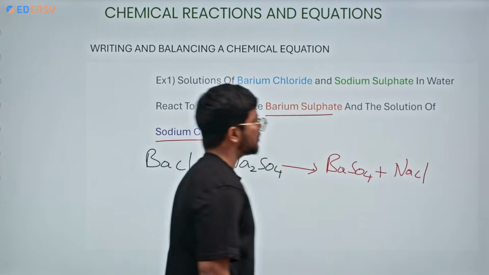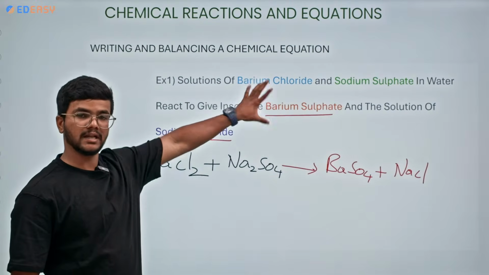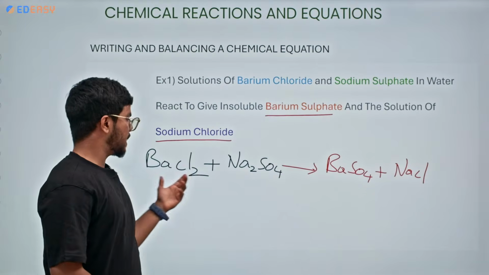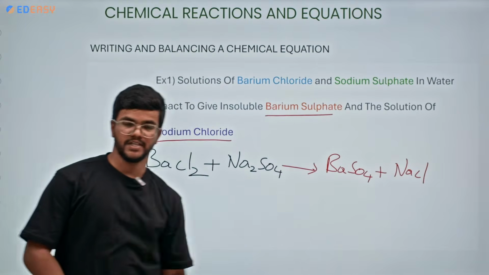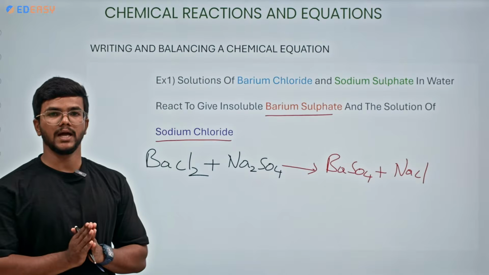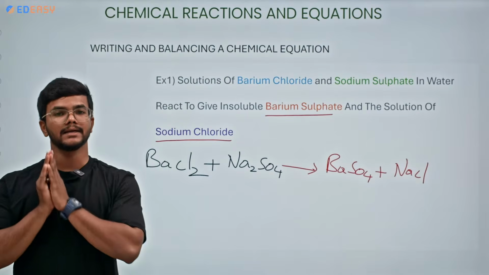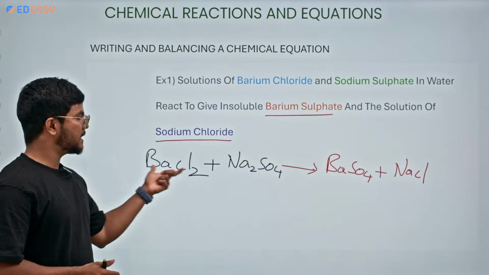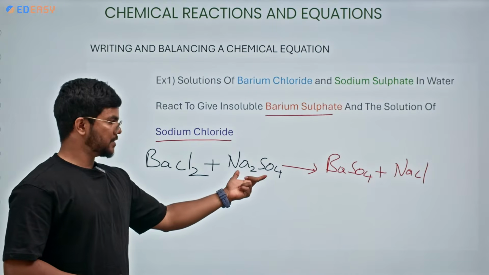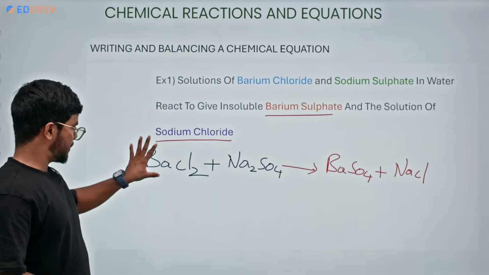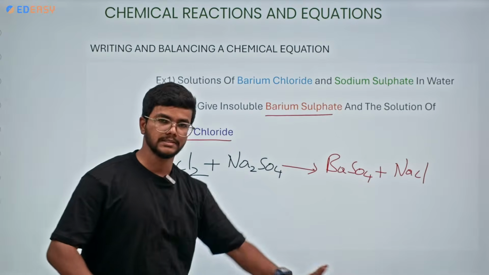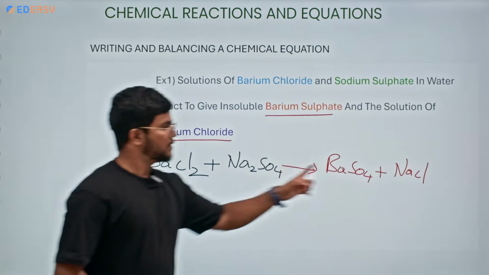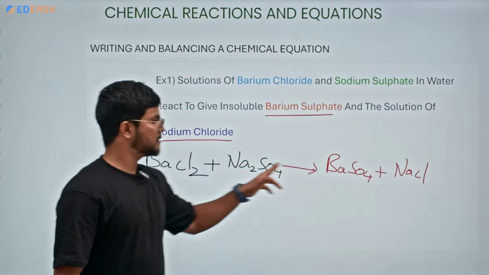They'll ask you like this, in the form of a question, and you have to write it in the form of an equation. Then you have to balance it with the method called trial and error. Barium chloride plus Na2SO4, sodium sulfate. Here, 1 barium, 1 barium, balanced. 2 chlorines, 1 chlorine. 2 sodiums, 1 sodium.